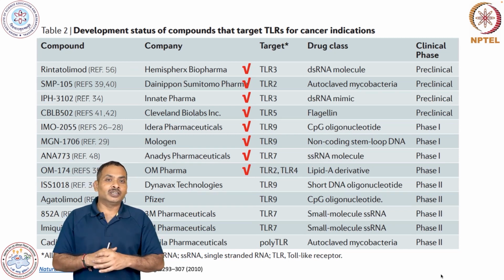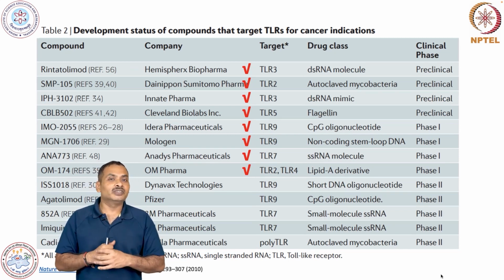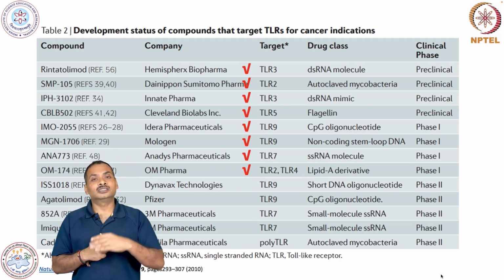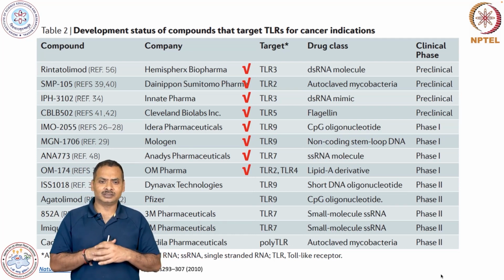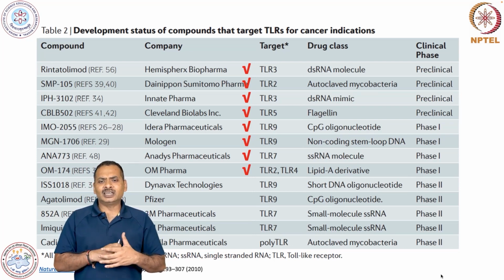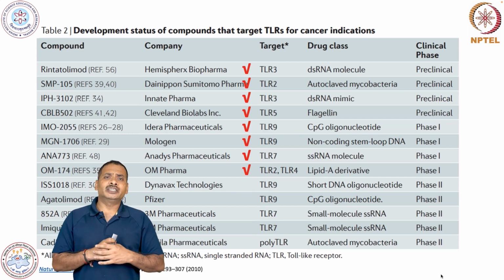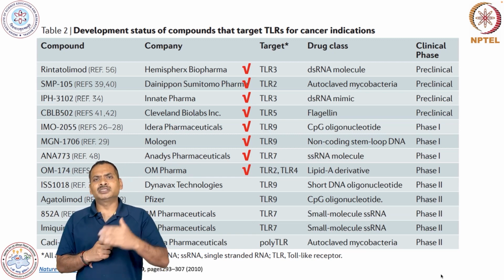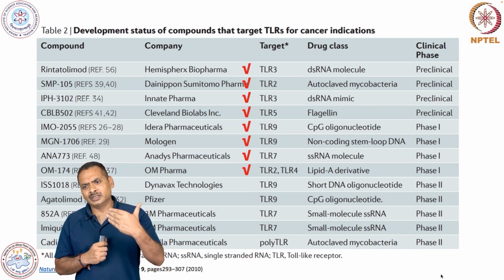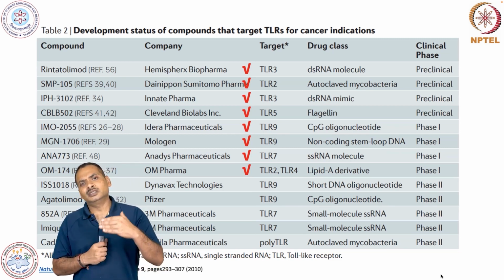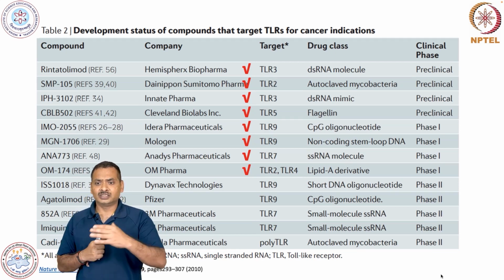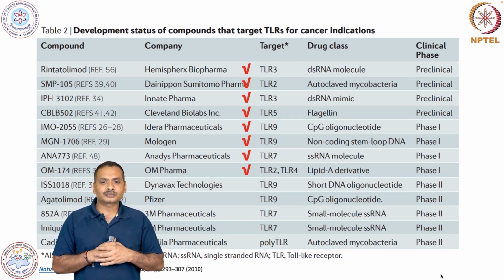So probably lipid A, or there is one derivative of lipid A which we call MPLA, can be used as a vaccine adjuvant. Besides this, this is used for the treatment of cancer, okay. There is a TLR9 ligand, again this is a short DNA oligonucleotide, CpG oligonucleotide. So these also have a potential to be used in patients, and they are at a very good level in clinical trial. This is in phase 2 clinical trial, okay.